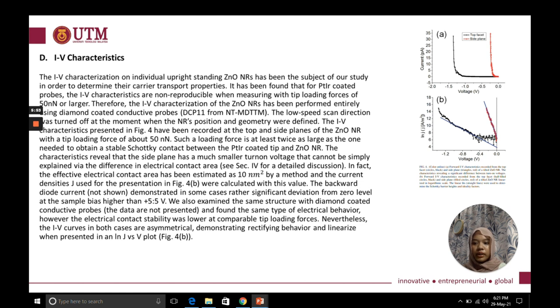The backward diode current demonstrated in some cases rather significant deviation from zero level at the sample bias higher than 5.5 volt. We also examined the same structure with diamond-coated conductive probes and found the same type of electrical behavior. However, the electrical contact stability was lower at comparable tip loading forces.